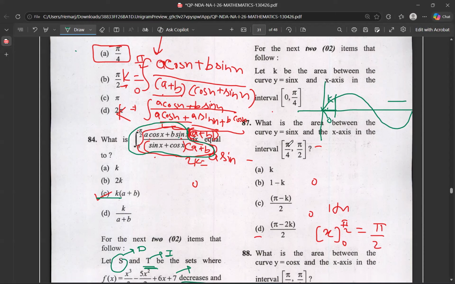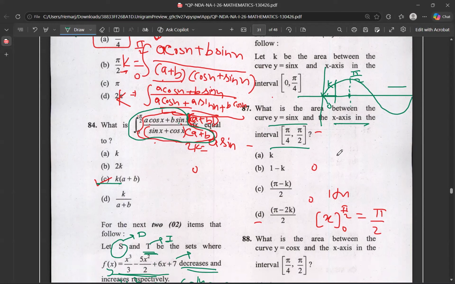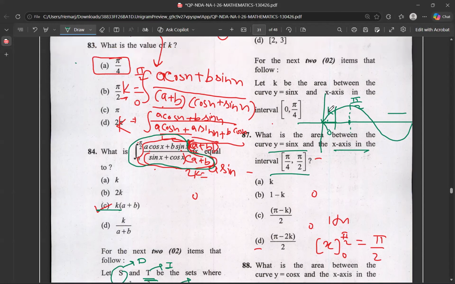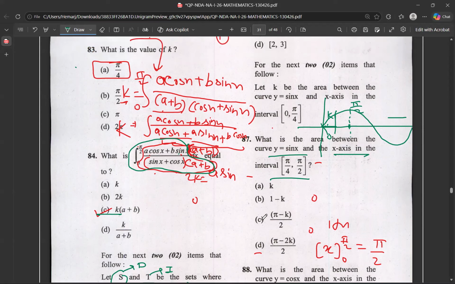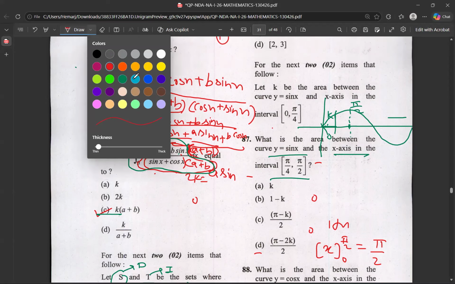So the question says, what is the area between the curve y equal to sin x and the x-axis in this interval from pi by 4 to pi by 2. One way, you can directly integrate it and put the limits. But before that, see the options. Options are in the form of K. So practically, let me shade this area with a different color.